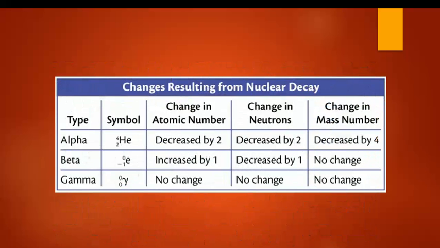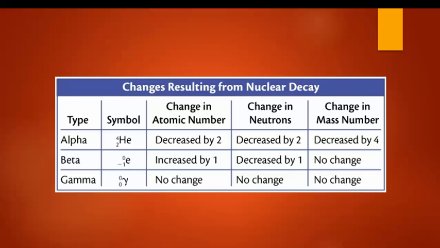All right. So, let's review. Alpha is the same thing as a helium nucleus. The atomic number goes down by 2 because the number of protons goes down by 2. The number of neutrons goes down by 2 as well. This number here is the sum of these two things, so that means it decreases by 4.